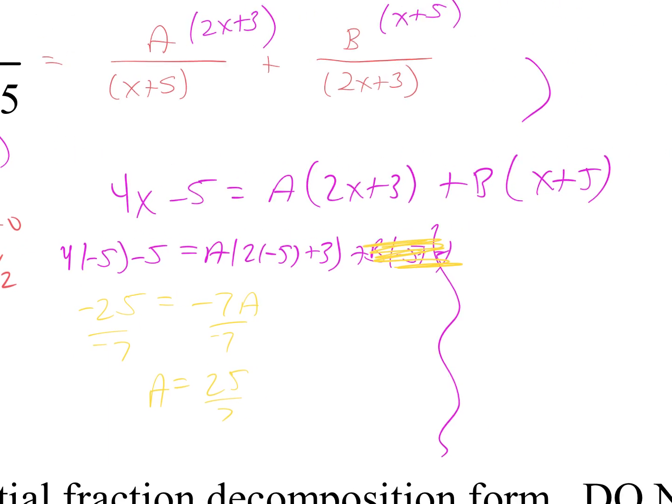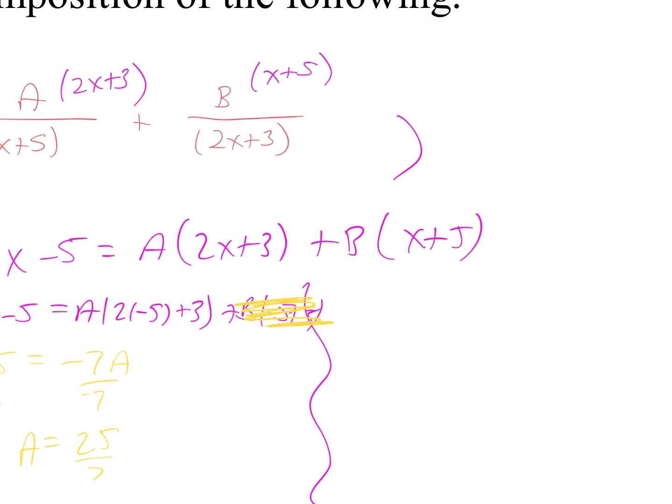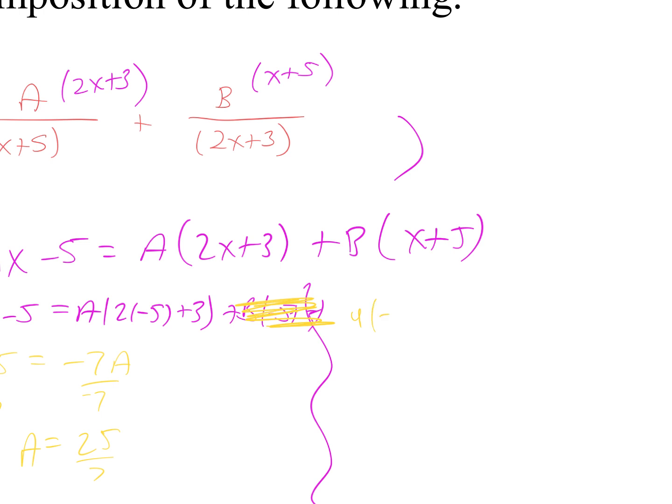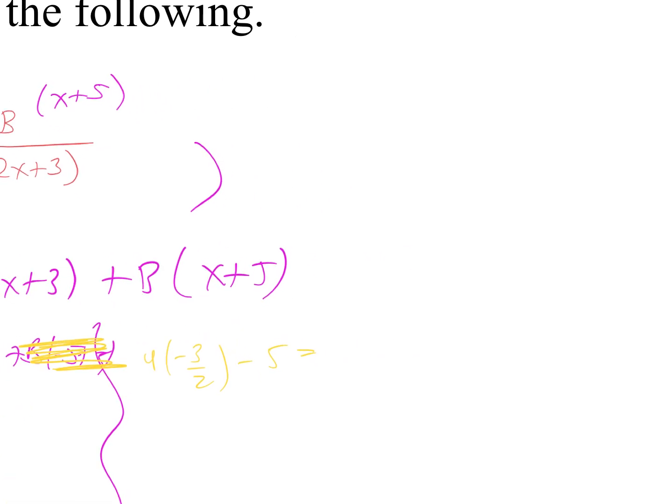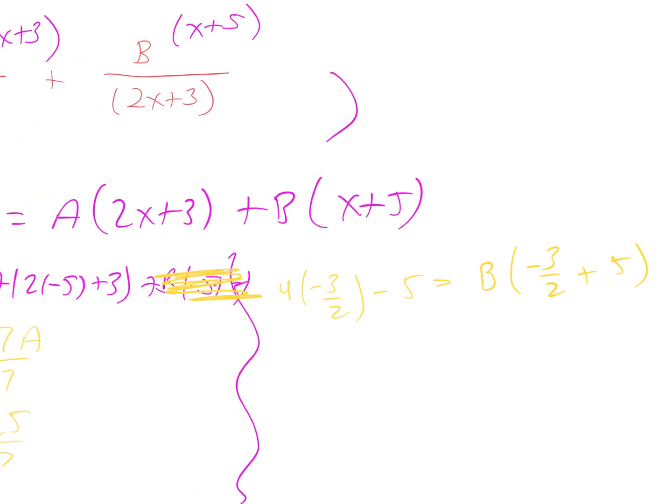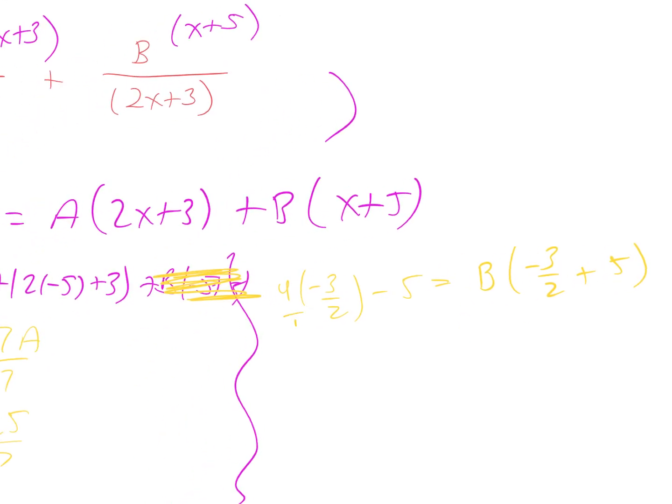This one's a tad bit harder because you're going to have a fraction, but that's okay. So you have 4 times negative 3 over 2 minus 5 equals, what's going to happen with A? It's going to cancel, so I'm not even going to bother writing it. So let's simplify a little bit. This is 1, this is 2. So I have negative 6 minus 5, negative 11.